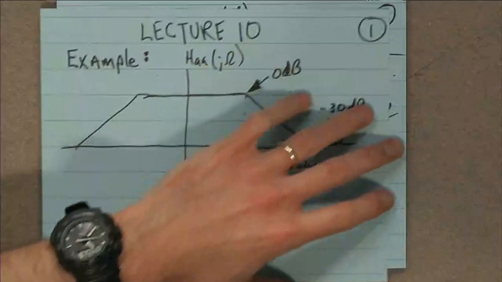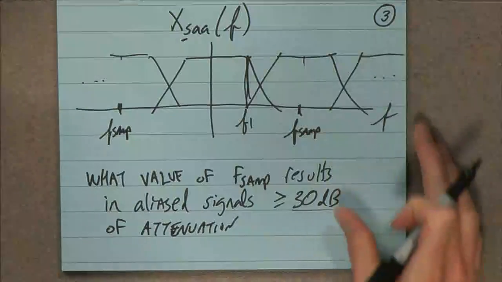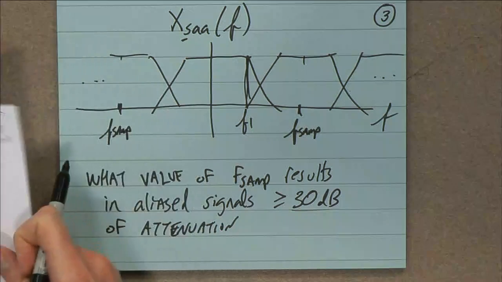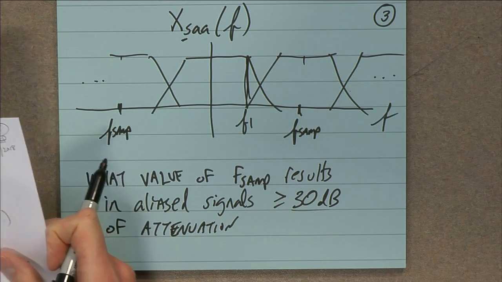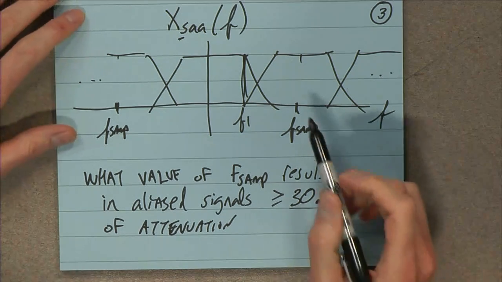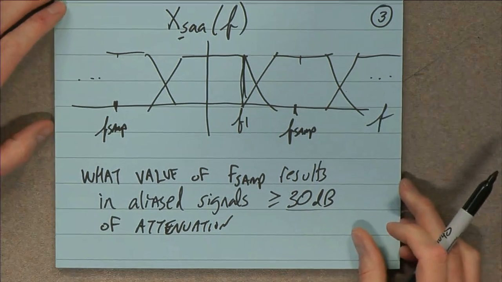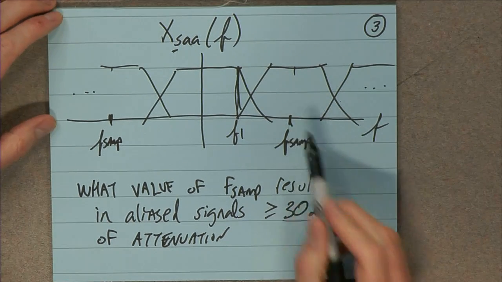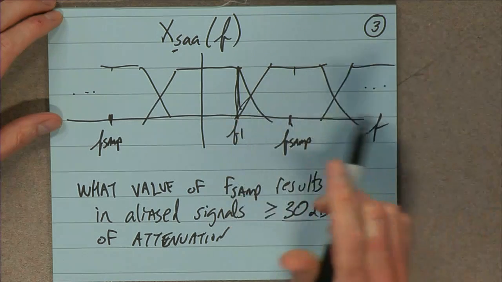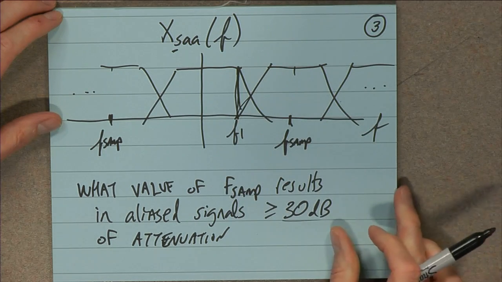So let's move to our next step. Okay, so that's the problem we're trying to solve. I think what we wanted to do next is try to catch up and, just to give you a feel for what's going on, let's choose a value of fsamp and see where the shifted copies end up and where the aliases are.